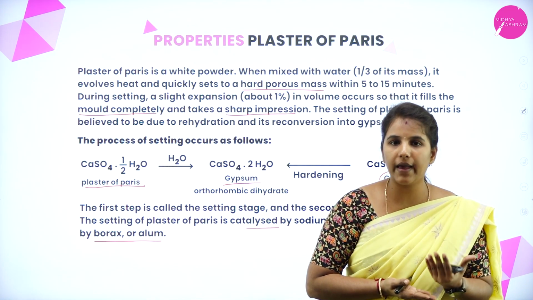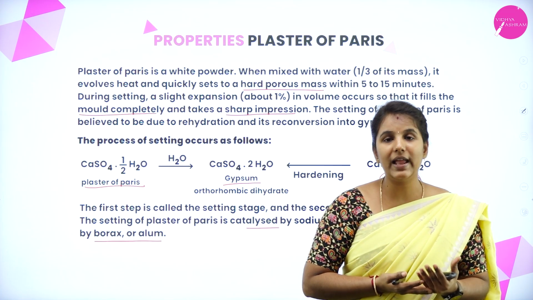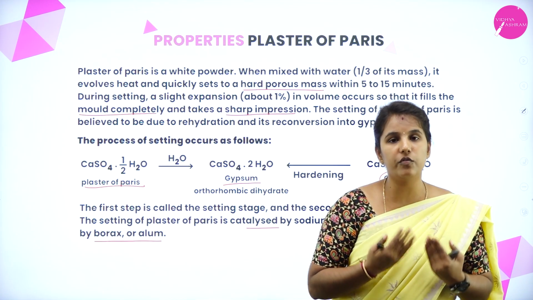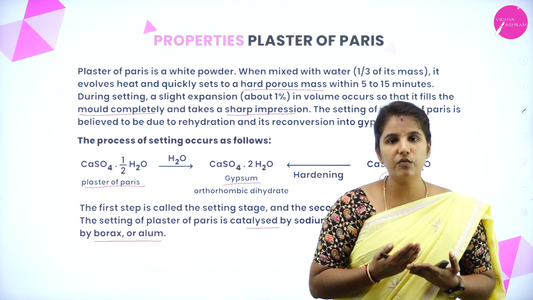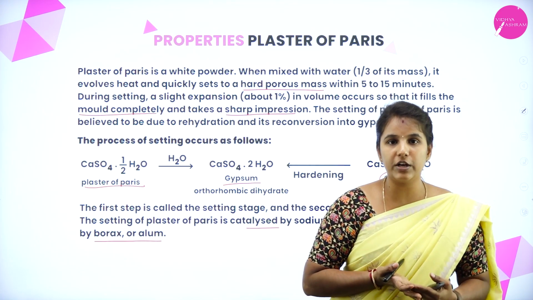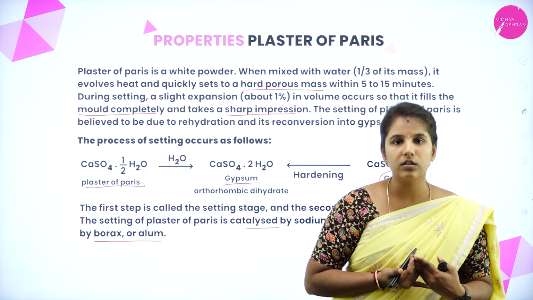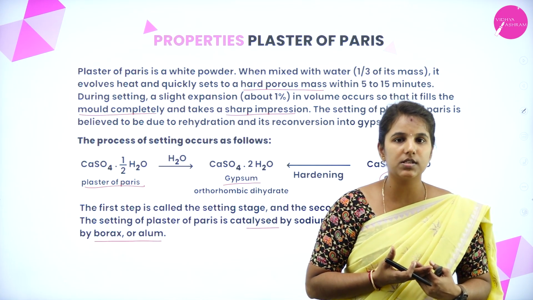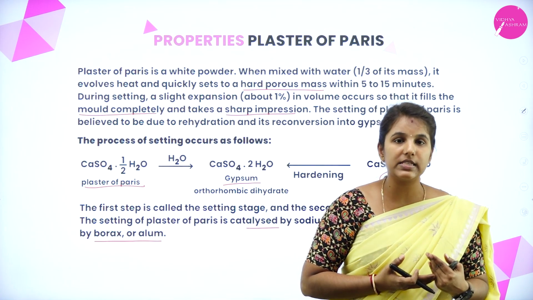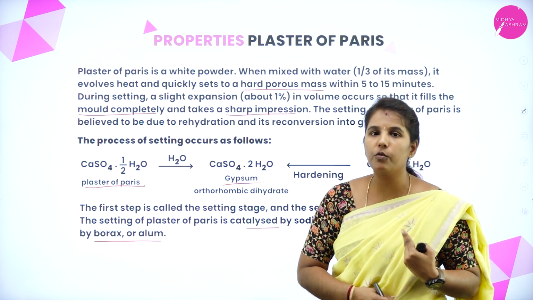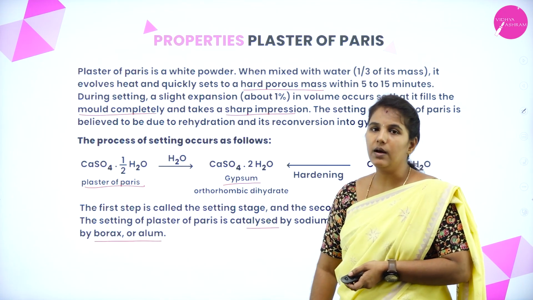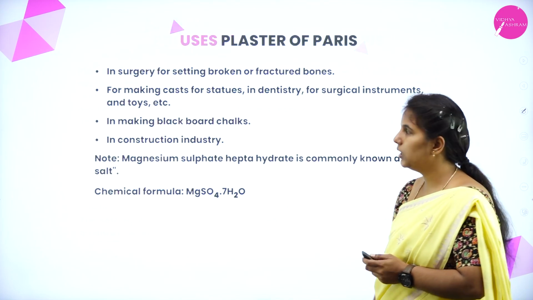That plaster of Paris will take 5 to 15 minutes to become very hard. Once it becomes very hard, we can make it into different shapes, or obtain a desirable shape as we want. Okay. During the setting process, they will use sodium chloride as a catalyst because it avoids the formation of alum with the borax formation.